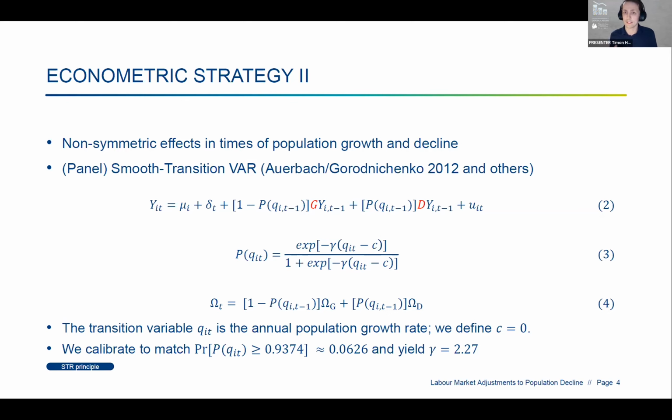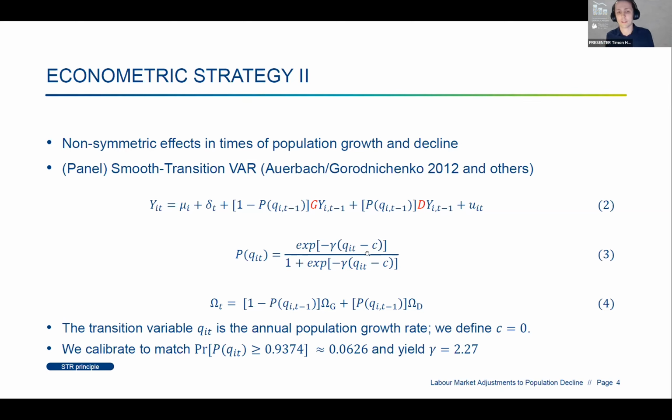How do we find this probability of experiencing population decline? We follow again the literature using this logistic transition function, where we use a transition variable which comes naturally as the annual population growth rate in our case. And we have 2 parameters which govern the transition between 2 states, the decline state and the growth state.